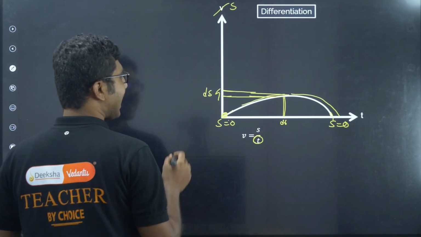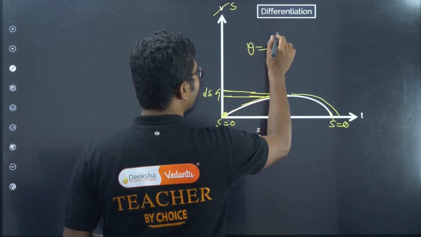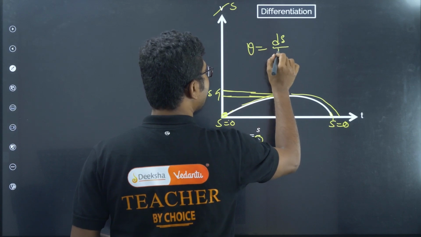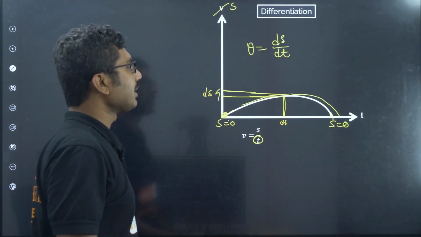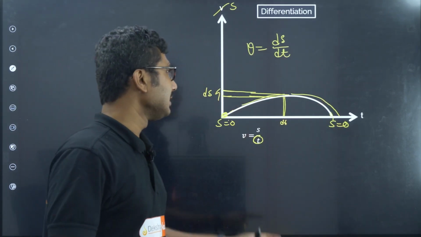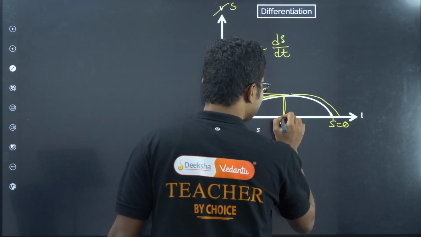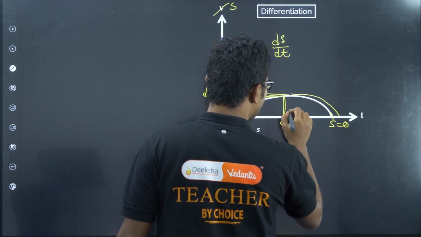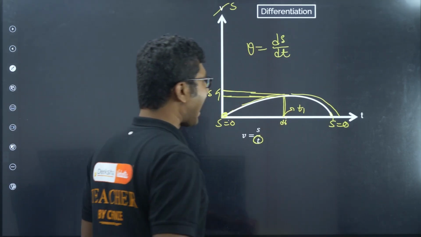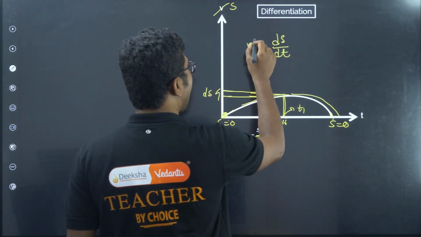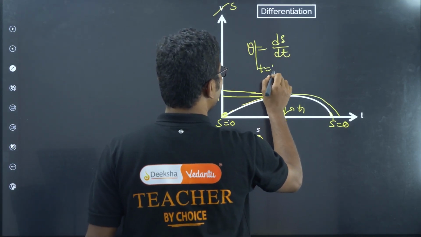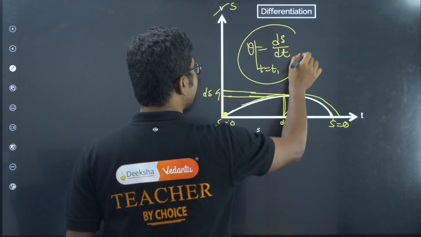So in that case we say v is given by ds by dt. But this is not the complete velocity, this is the velocity at this instant, at some time, say t1. So at the instant time equals t1, this will be the velocity.